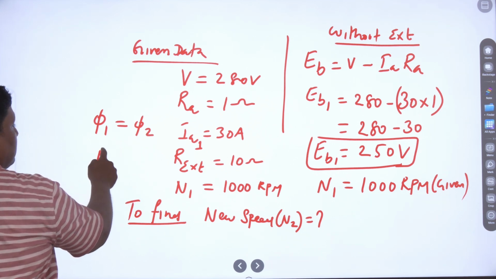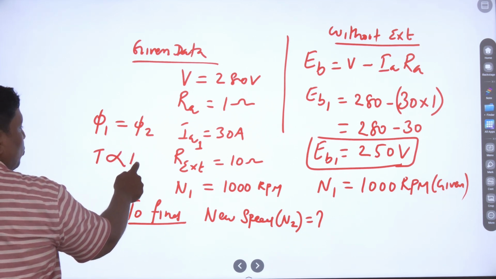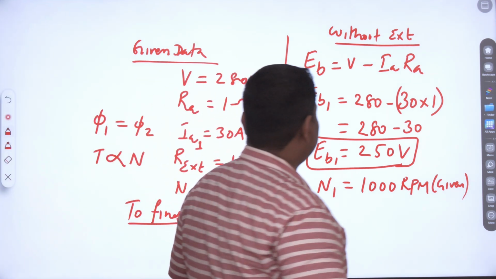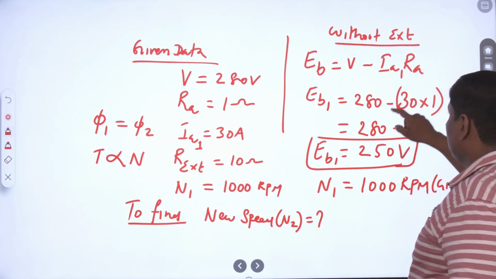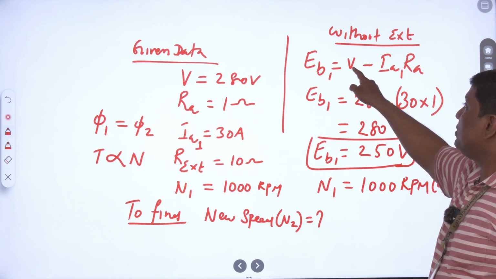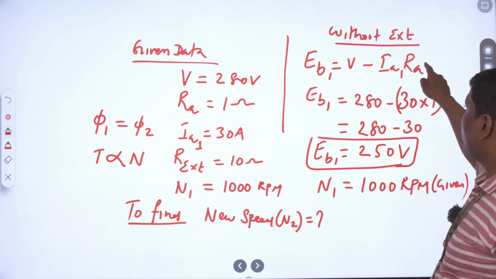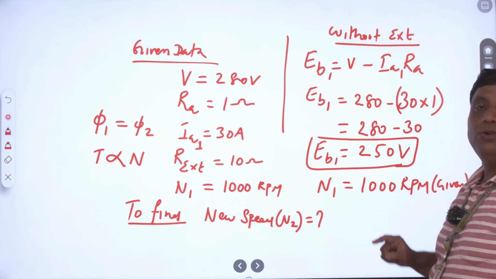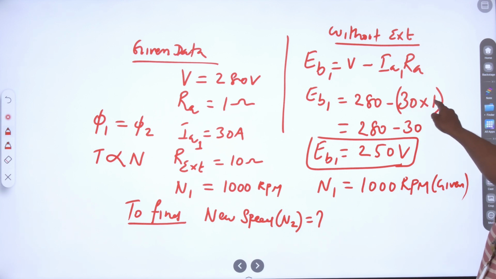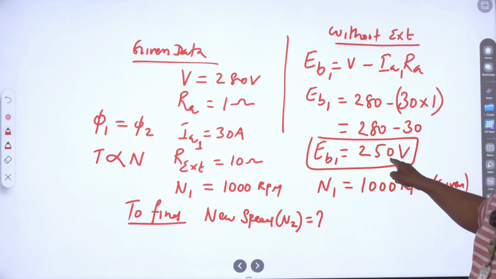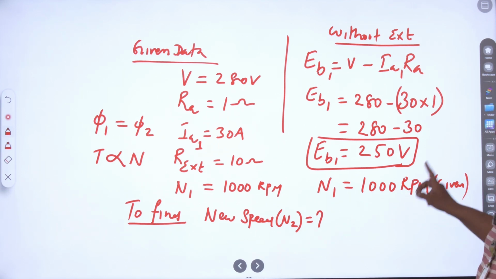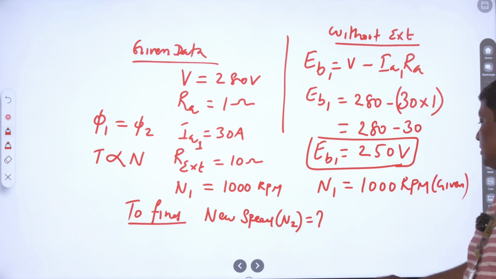Then torque is directly proportional to the speed. Without external resistance, find EB1. So EB1 equal to V minus IA1 into RA, which is 280 minus 30 into 1. So EB1 is 250 volt. And N1 is 1000 rpm.